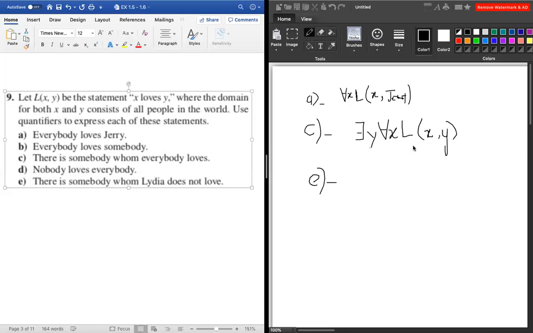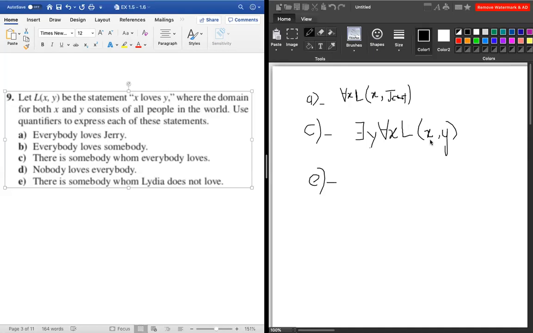If we don't put this L, we don't know what it represents. With this function, we know that it represents love. If I put P instead of XY, the meaning will completely change and it will be uninterpretable because it's not defined in the question what P represents.